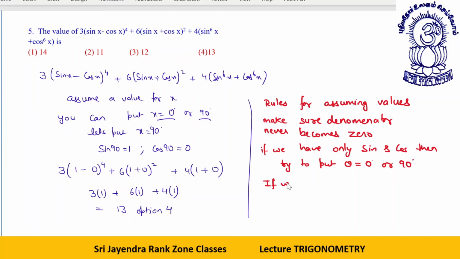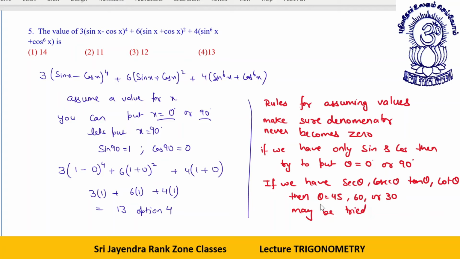If you have sec theta, cosec theta, tan theta, cot theta, then theta is equal to 45, 60 or 30 may be tried.